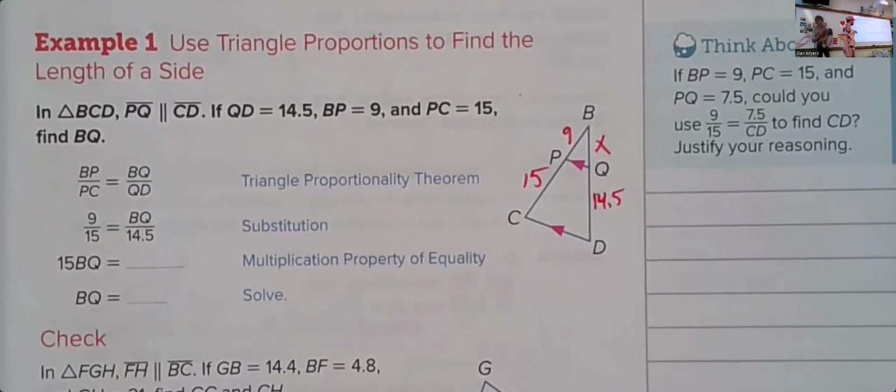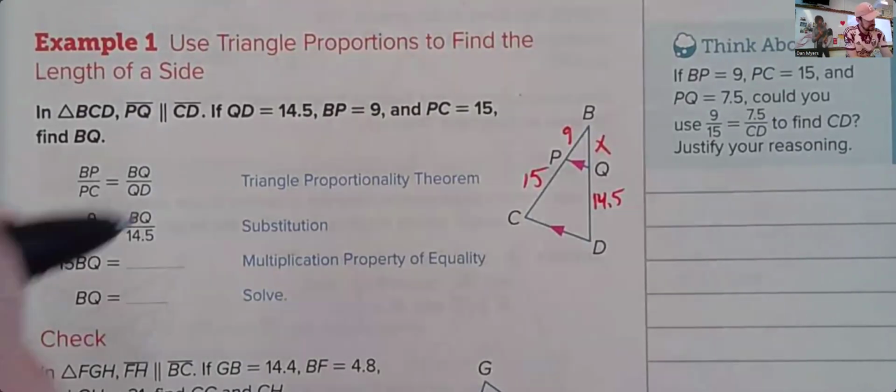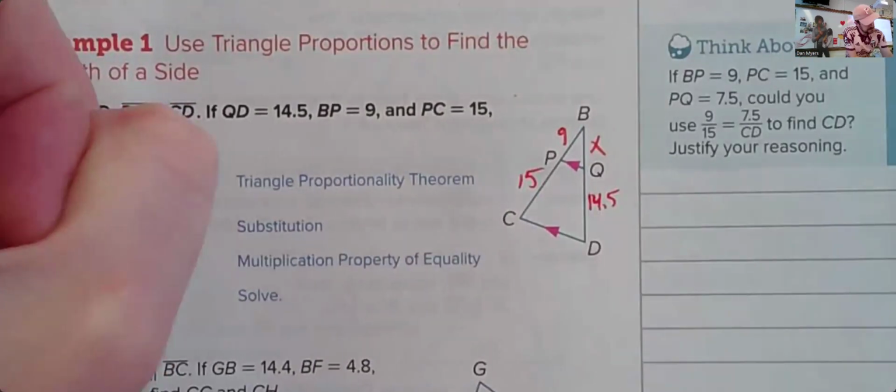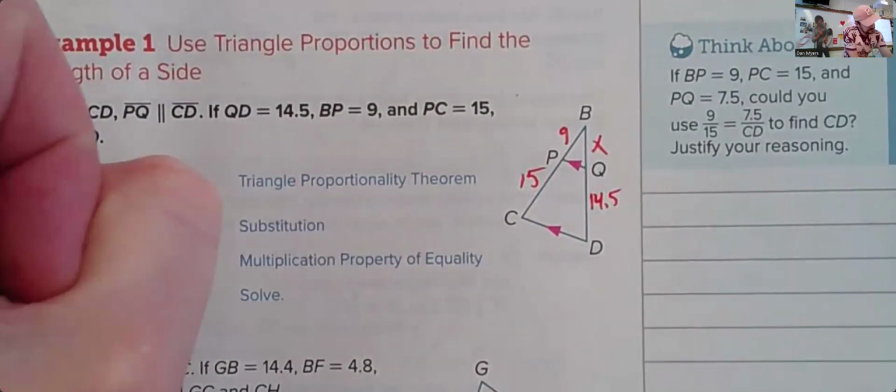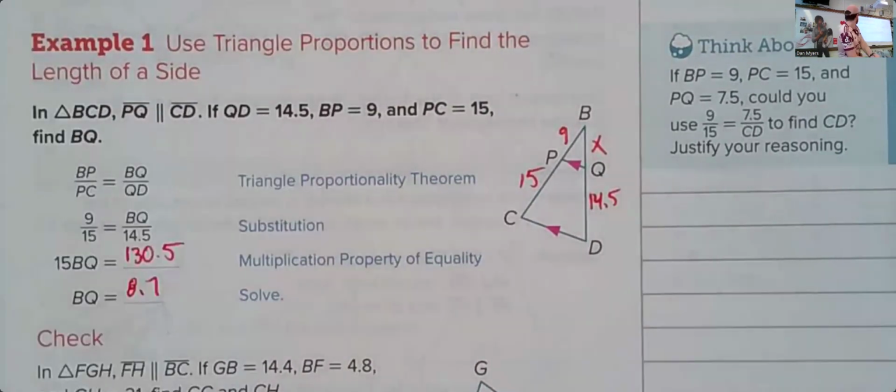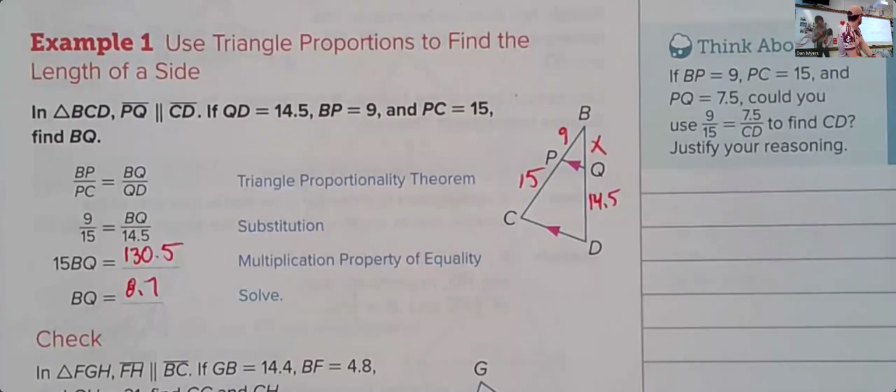Or if you don't have a calculator, go get one. 130.5, okay. And then divide by 15. 8.7, all right. So BQ equals 8.7. Cool.